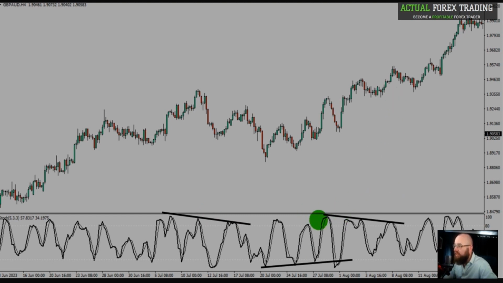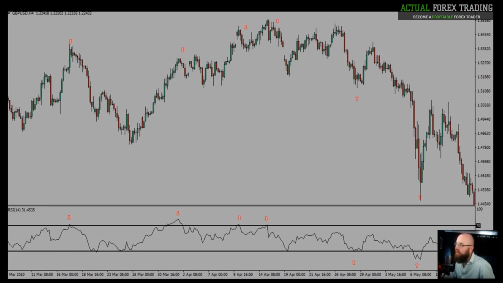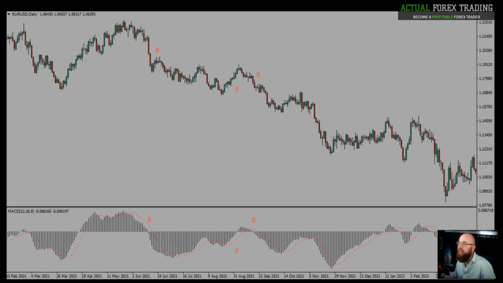Once again, it can give false signals. We have a clear uptrend here with higher highs, higher lows, but the stochastic forms lower highs. And because it forms lower highs, that would signal the end of this uptrend, but it carries on going. So nothing is guaranteed, but you're not meant to trade divergence all by itself. You're not meant to trade MACD crosses all by itself. You're not meant to trade overbought, oversold RSI signals all by themselves.